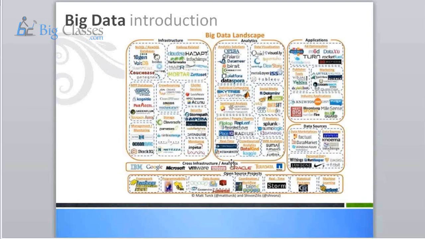Name any category, let's say you want to do a specific kind of analytics, there is a tool out there. You want to do a specific kind of data load, there is a tool out there. If you want to do processing on Windows-based log files, there is a tool out there. If you want to do Solaris-based log processing, there is a tool out there. So more and more specializations are coming up.